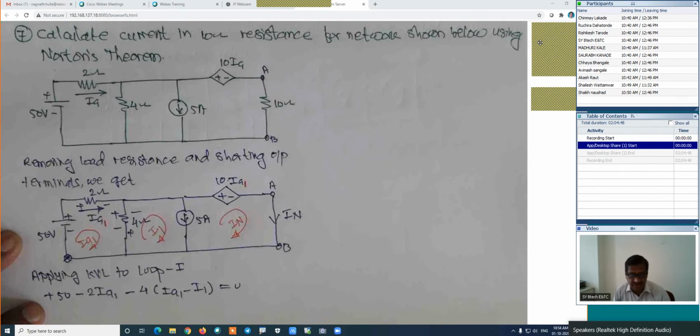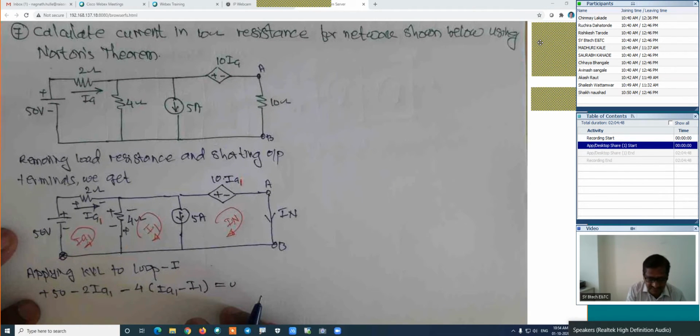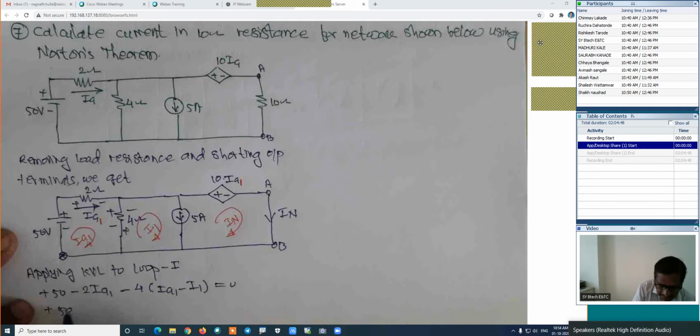Simplify this equation and name this equation as equation number 1. If we are simplifying this equation, this will be plus 50 minus 2 IA1 minus 4 IA1 plus 4 into I1, which is equal to 0.